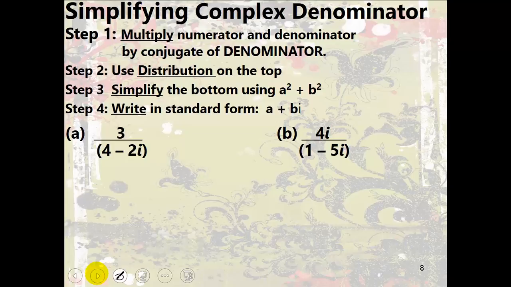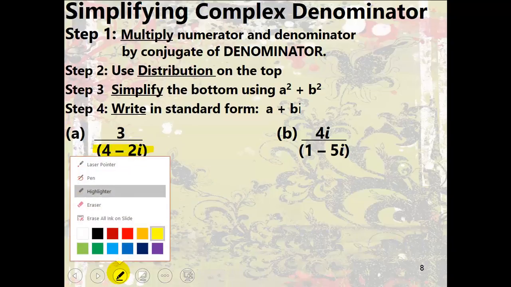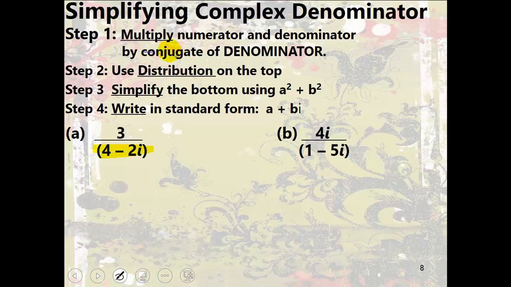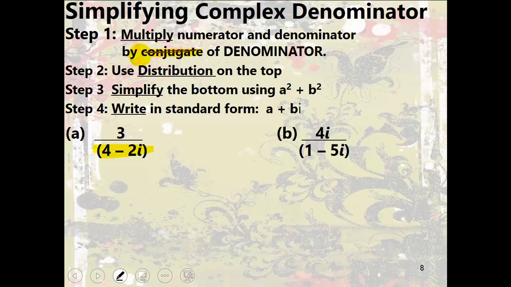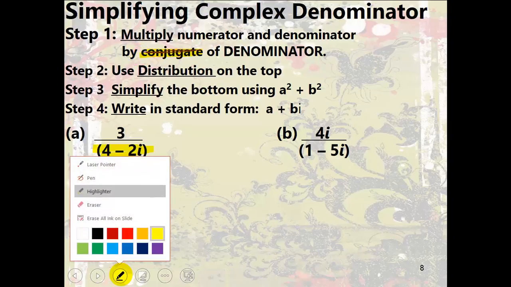Now I'm going to simplify with a full complex number in the denominator. I'm going to multiply both the numerator and the denominator by the conjugate of the denominator, and then I'm going to use distribution, and I'm going to simplify my complex conjugate on the bottom, and I'm going to write in standard form.